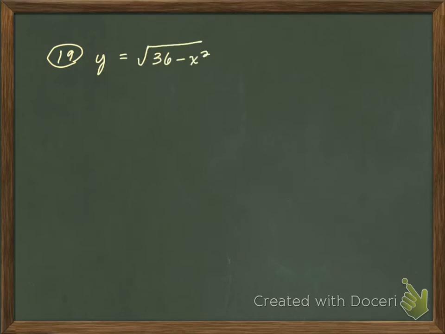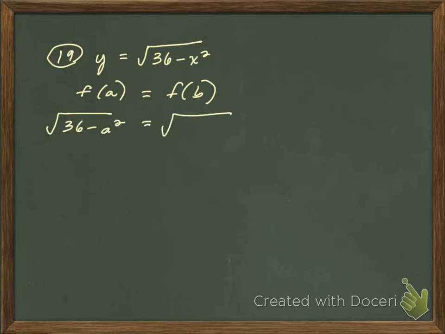We're going to do that just like we did the other one, whereby we plug in A and B and see what happens. We start with f of A equals f of B, plug A into our function, plug B into our function, and then go about solving.